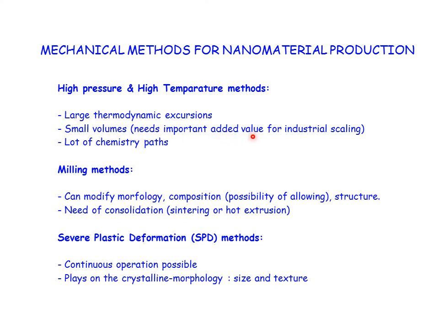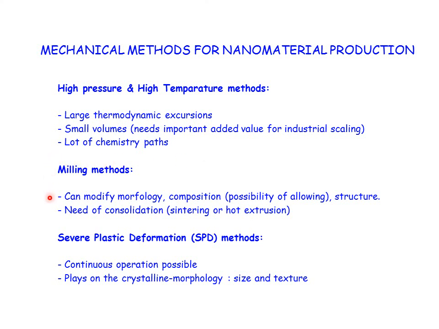So you need a very important added value for industrial application, and this is the case of diamond or superhard materials. These methods also allow for exploring a lot of chemistry paths, and this can be a way to determine target materials that can afterwards be developed with other methods.